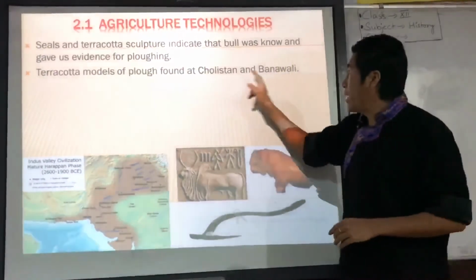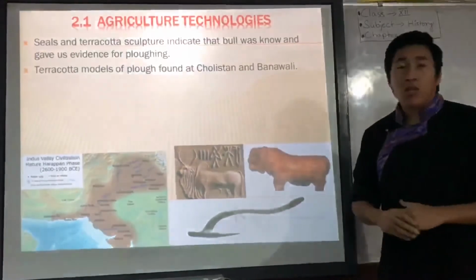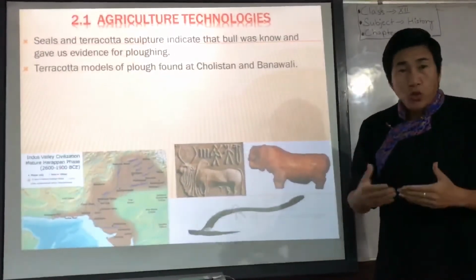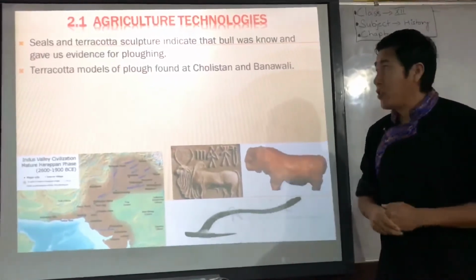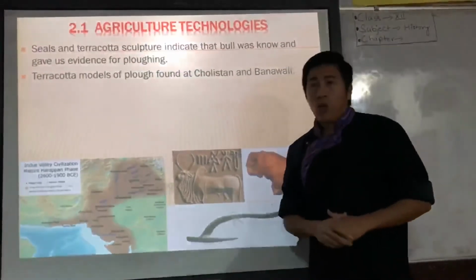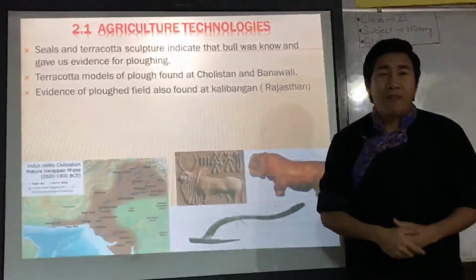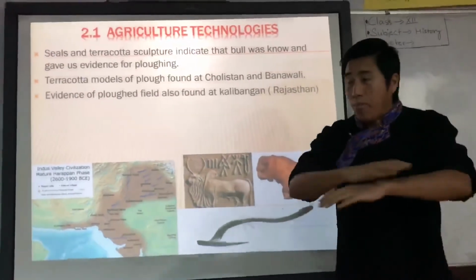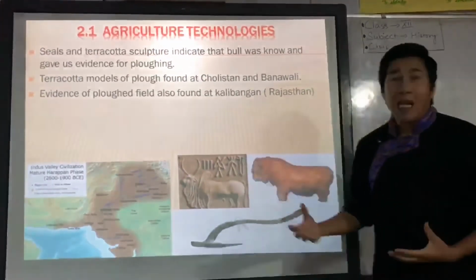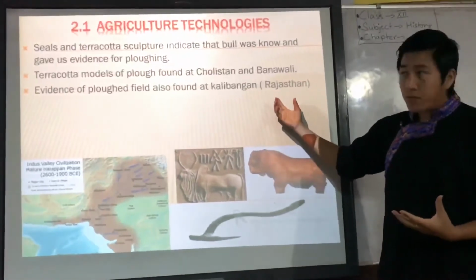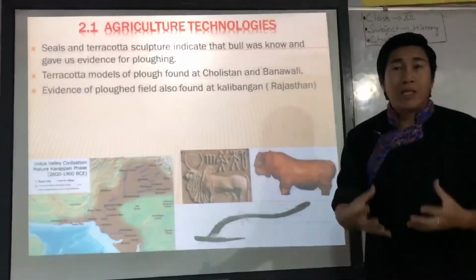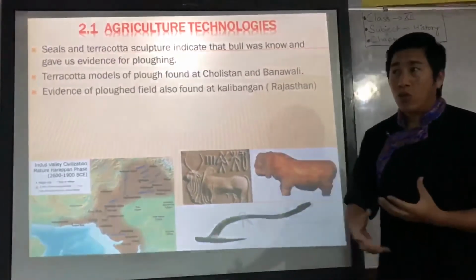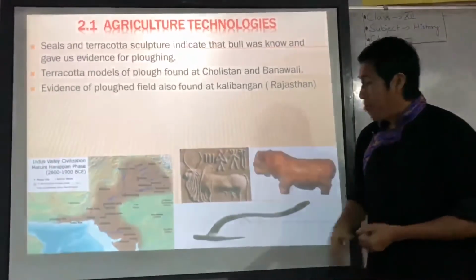So it shows the practice of agriculture during the Indus Valley civilization. And third, archaeologists found an agricultural field in Kalibangar, Rajasthan. They also found that two crops were grown in the same field. This is also evidence archaeologists have.